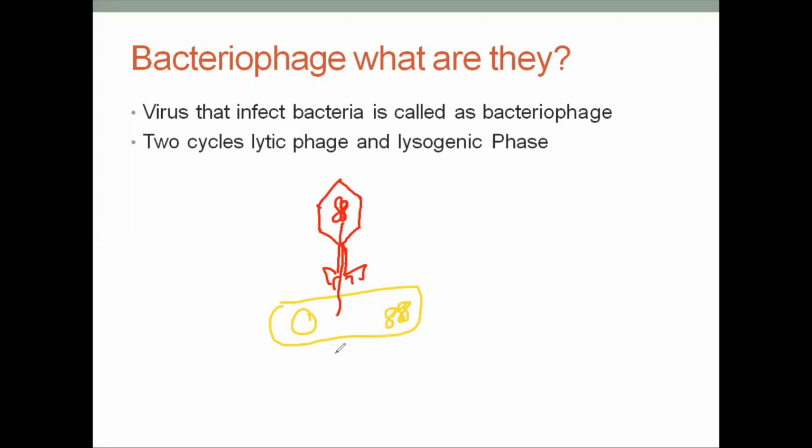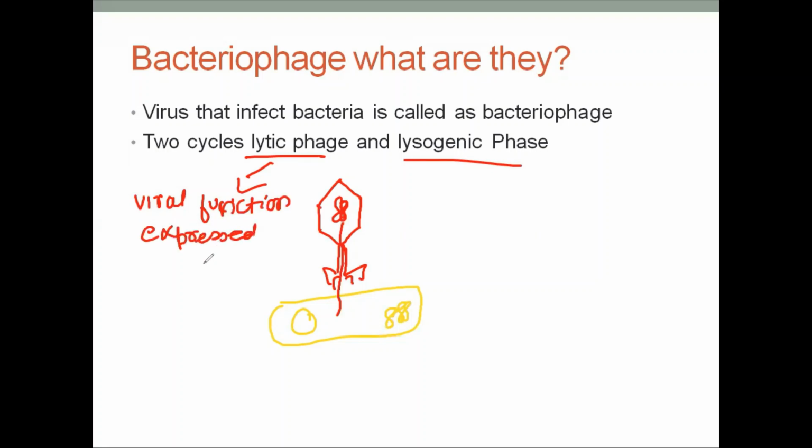Now, this bacteriophage has two cycles. One is called the lytic cycle and one is the lysogenic cycle. So what does it do in a lytic cycle? In the lytic phase, its viral functions are expressed fully. It is expressing its virus functions.